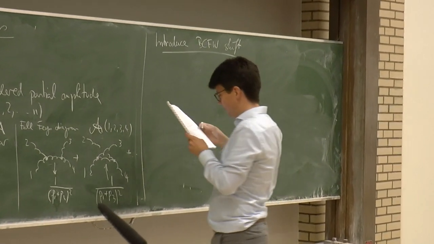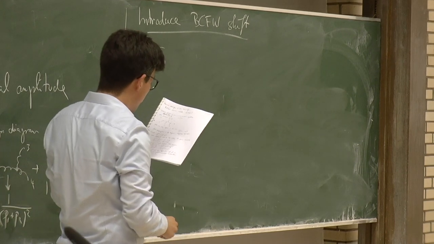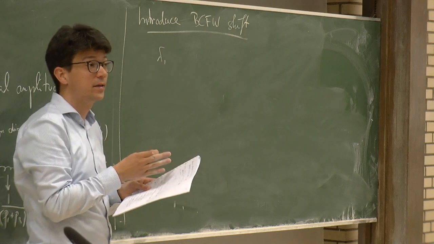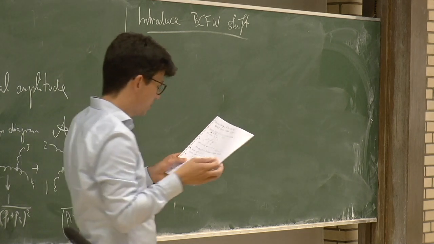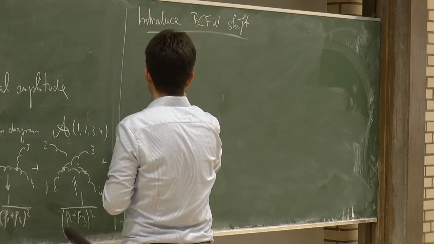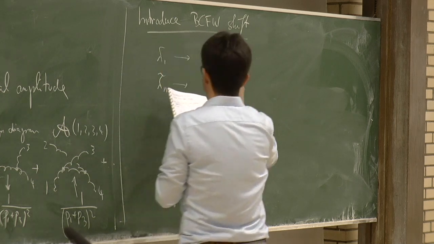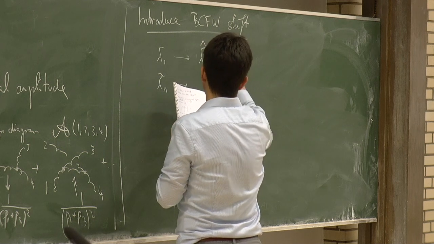So let me define it. I'll do it for two particles. One selects two particles, i. In my case, I just choose 1 and n, but it could in principle be any of them. And I shift the lambda 1 spinor and the lambda twiddle n spinor in the following way. For shifted quantities, I'll denote them by a hat.